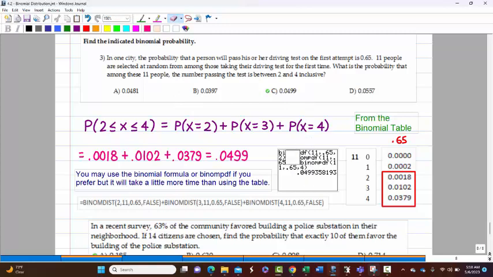So it would take 3 binom PDFs added together, or 3 binom dist with false here. Remember, false is the same as binom PDF. Add those 3, or specifically pick, I labeled it, there's the 0.65. Obviously this is not the first column here. I just didn't want to spread the whole thing out and take up room. So that's showing you it's the 0.65 column. And add 2, 3, and 4 that way off that table, which might be the best way to do it for this one.